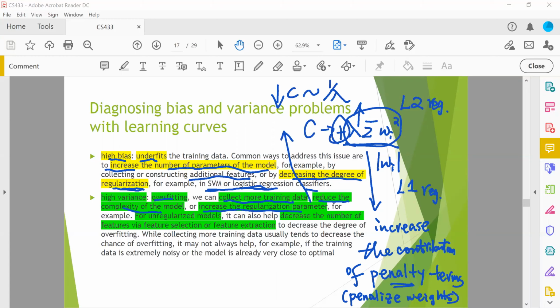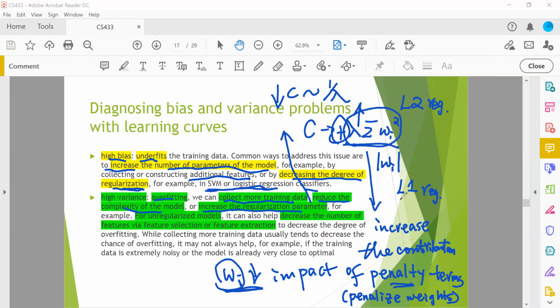If you penalize the weights, of course, you're going to reduce certain weights' impact. For L2, it reduces the weight values. For L1, it may even bring some of the weights to zero.